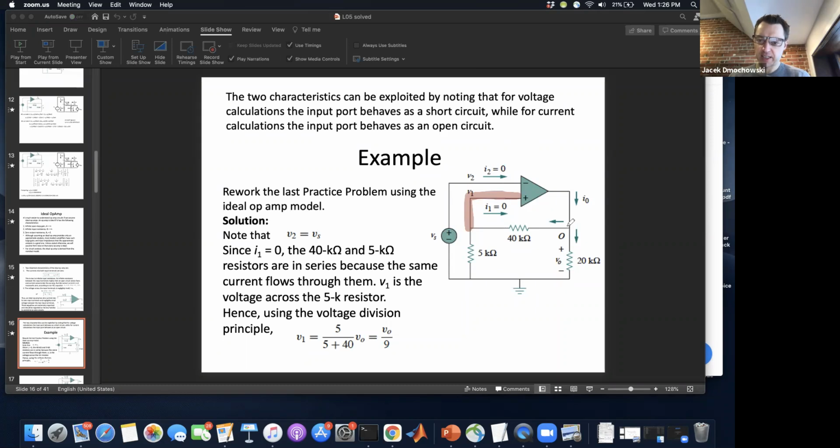So any current that flows this way here, from right to left, will have to go down the 5 kilo ohm, which means that the 40 kilo ohm and the 5 kilo ohm are in fact in series. Because any current that flows from node O across the 40 kilo ohm also has to flow down the 5 kilo ohm.